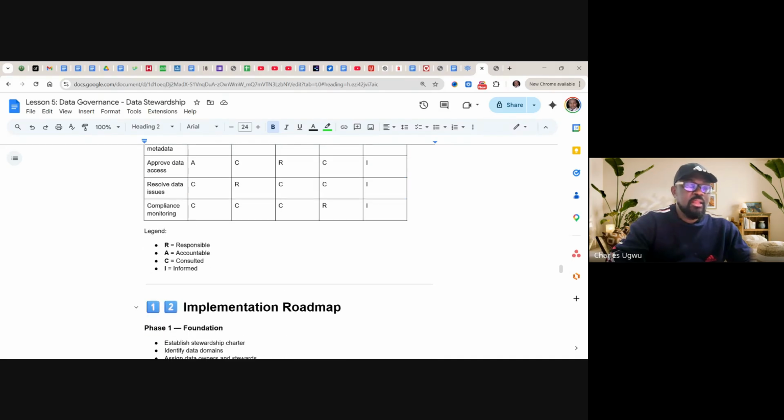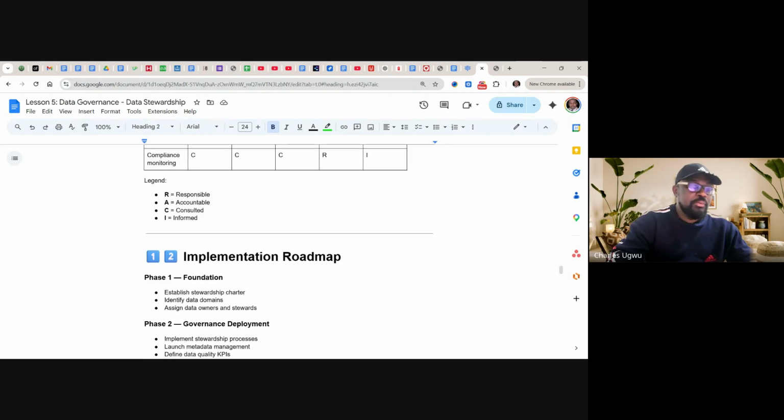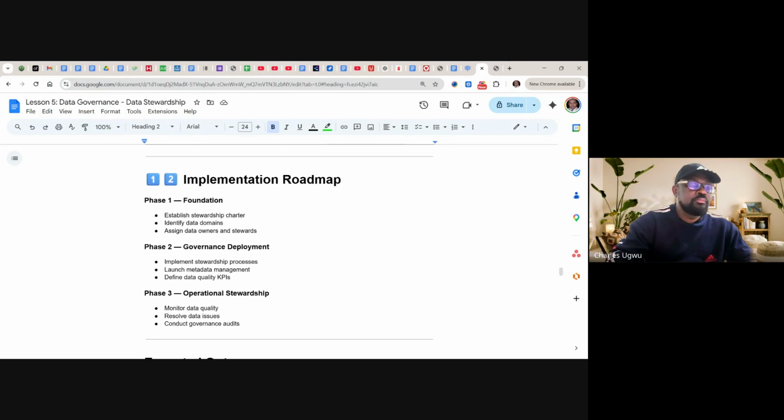Yeah. And then the implementation roadmap. Phase 1, foundation: establish stewardship charter, identify domain, assign owner and steward.